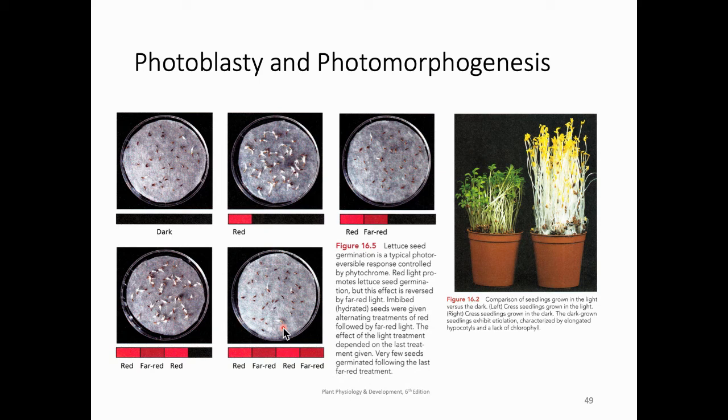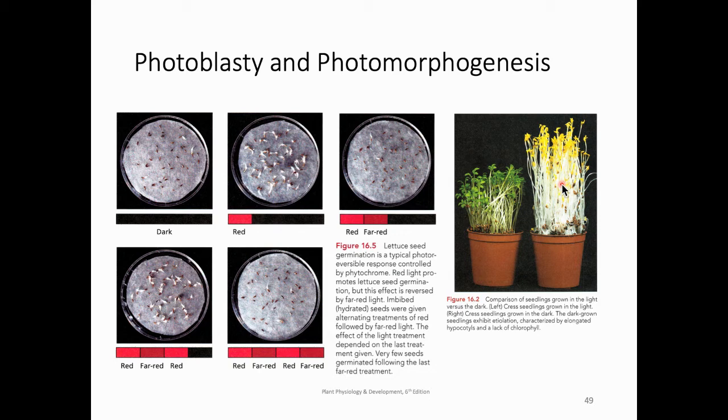This is the photoblasty. Photomorphogenesis is the process in which plants respond to low or no light. Here you have the left plants which receive enough light. The right pot, these plants do not receive light, they grow in the dark, they will become taller and the leaves will not expand and are very pale.